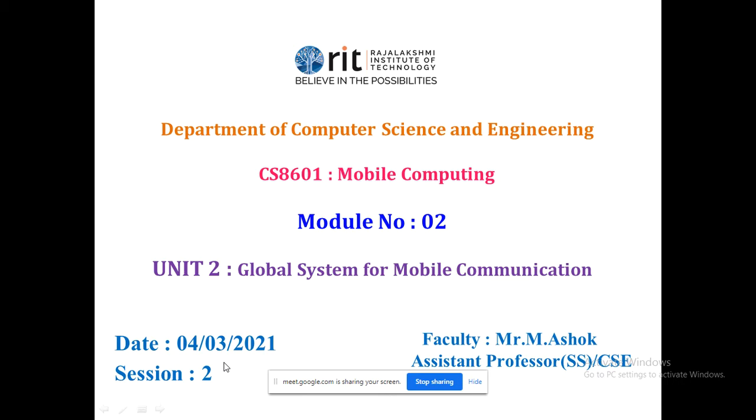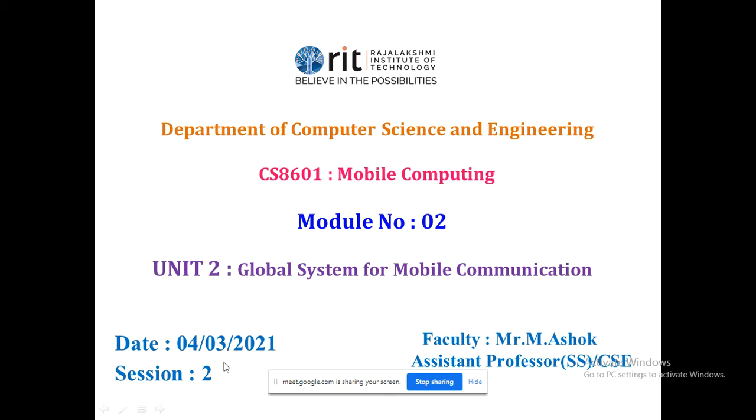Basic contents that we have seen: why the shape of the cell is a hexagon, not a circle or rectangle or square. What are all the ways to manage the traffic, right? Frequency reuse, usage of sub-array cells. So these are all the things that we have covered in the last session.